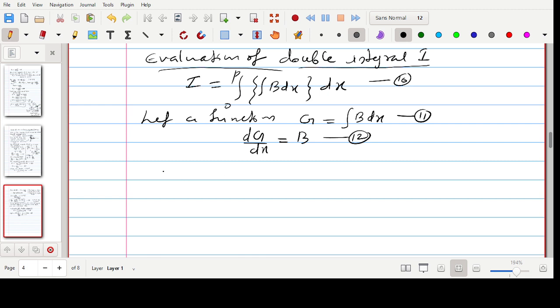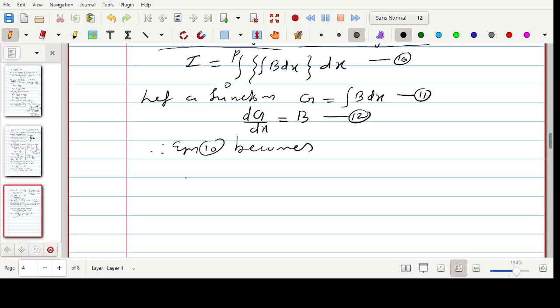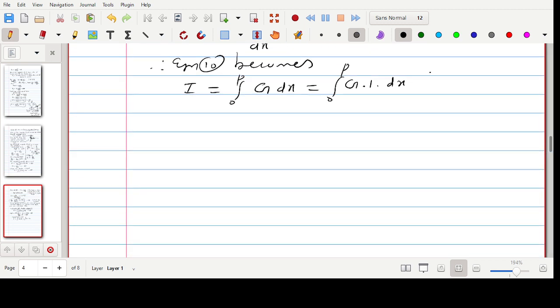Now take this integral. Equation 10 becomes I equal to integral 0 to p. Instead of integral b dx, I am giving g into dx. This integral 0 to p, I am writing it as g into 1 into dx. There is no harm in writing like that. Now we will integrate this by parts.